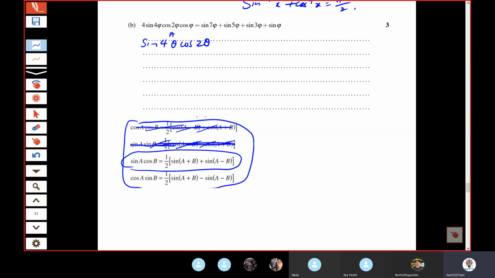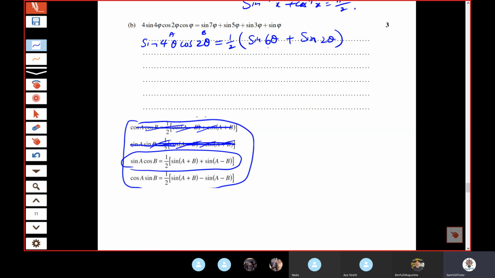So this is A, this is B. That becomes half sine A plus B, 4 theta plus 2 theta, 6 theta, plus sine 4 take away 2, 2 theta. Okay, I'll stop there. I'm not entirely happy because you can see this says 7 theta and 5 theta and whatever, but oh well, it is what it is.